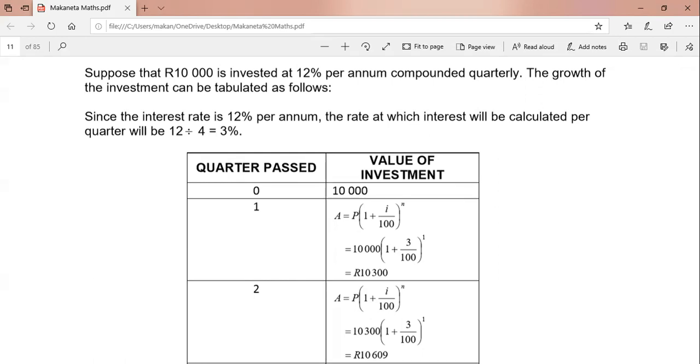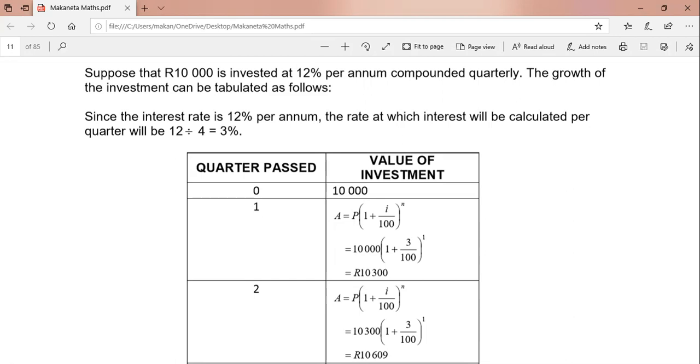And basically, this is what investment companies do. They use a spreadsheet during which they enter the formula into the spreadsheet. And once they put in all the given values, then the spreadsheet will automatically calculate the value of the investment after a particular period of time.